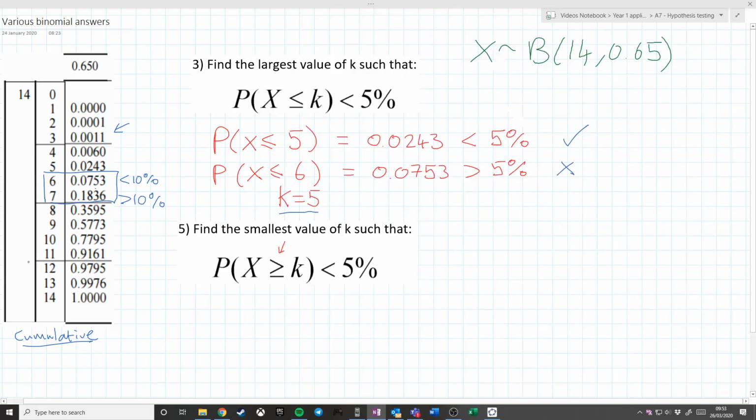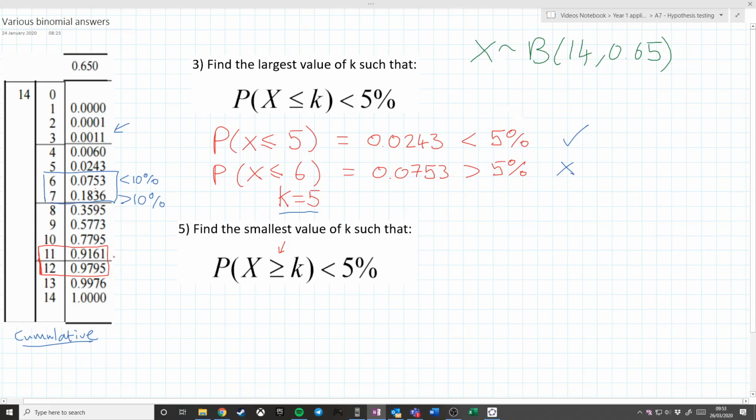So let's have a look over here. Where does it switch from less than to greater than 95%? Well, that appears to be here, which is surprising because we know the answer is 13. It would have been nice if the answer was 12, but it doesn't quite work like that. That's because we are dealing with less than or equal to here versus greater than or equal to.